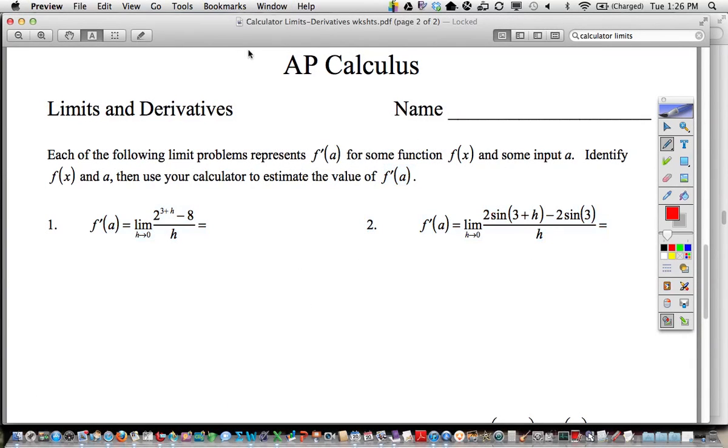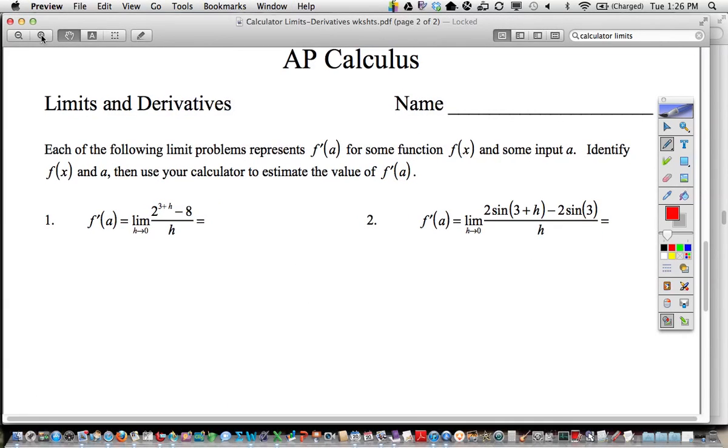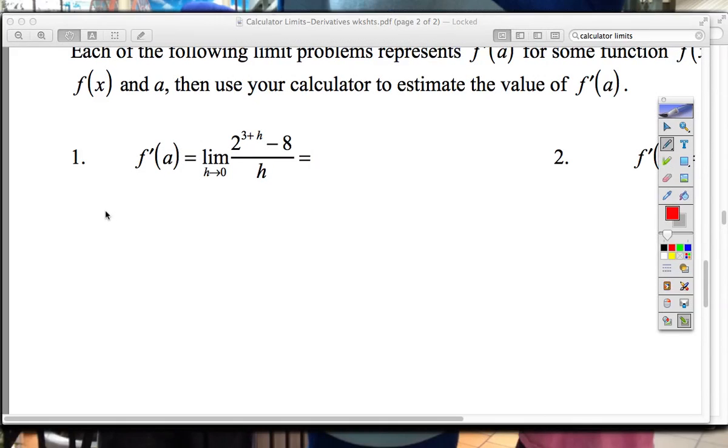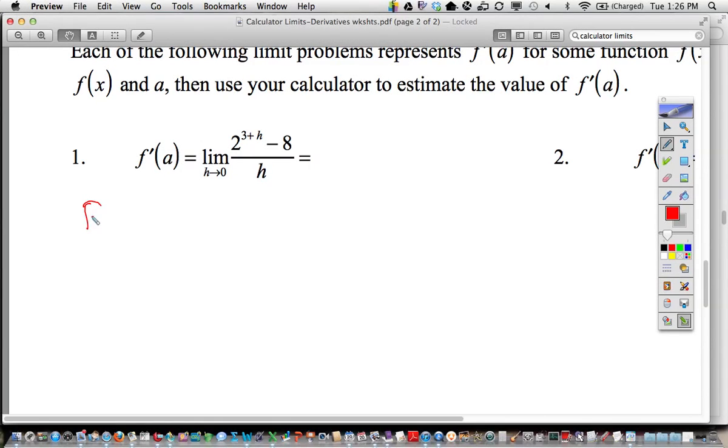All right. So this first one here. All right. So this looks like our special definition of a derivative. And what function must it have been that set this up?